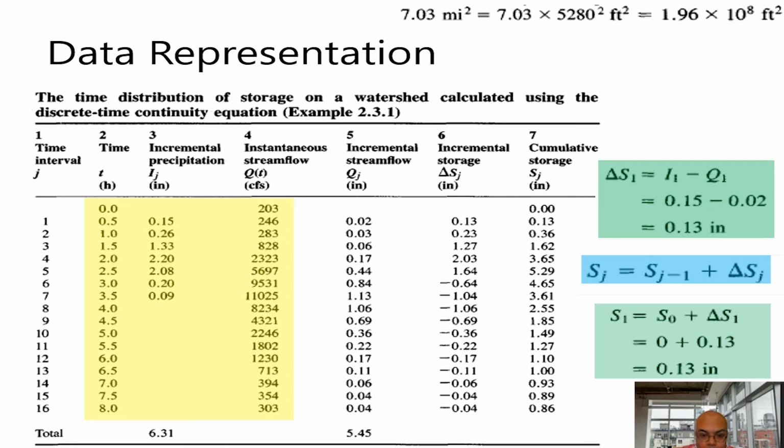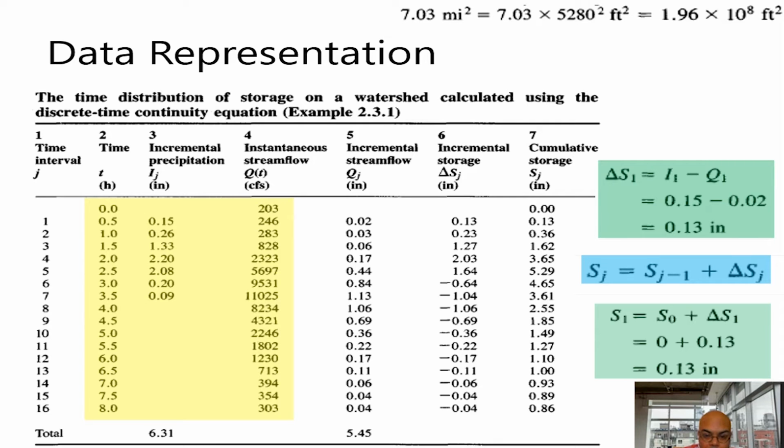So the incremental stream flow in terms of inches above the watershed is calculated here. How is this calculated? We have integrated within the interval from 0 to 0.5 hour, where the ordinates are 203 and 246. The average gives cubic feet per second. Then we multiply by 0.5 hour to get cubic feet. Then we divide this by the area.